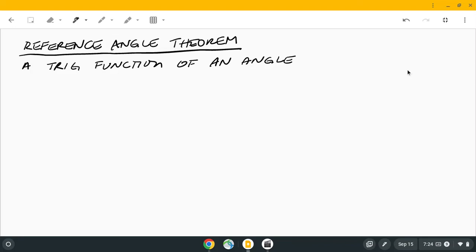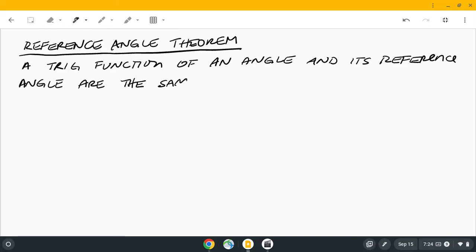So the sine, cosine, tangent, cosecant, secant, cotangent of an angle and its reference angle are the same, except possibly for the sign, like positive, negative.